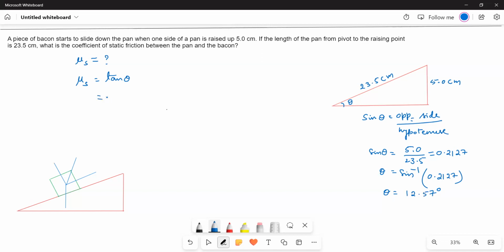We have to find tan 12.57. This is the answer, which is approximately 0.21.